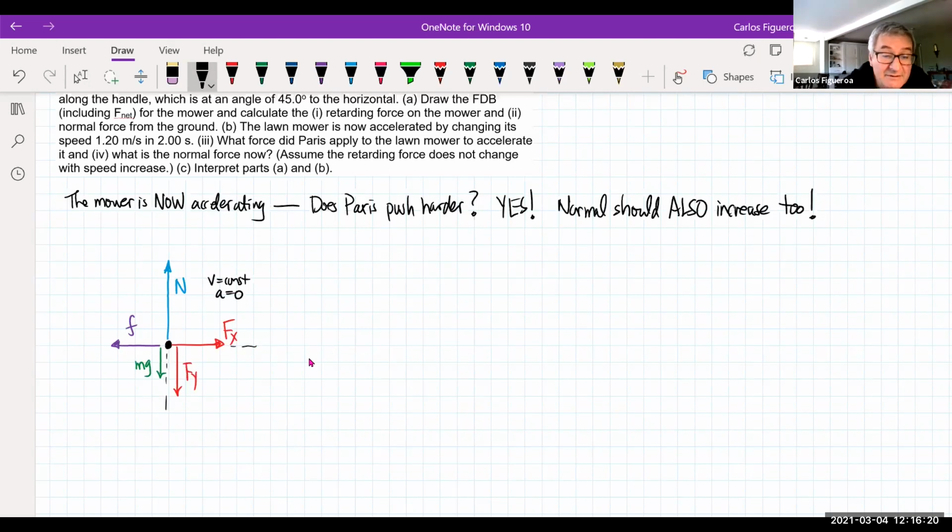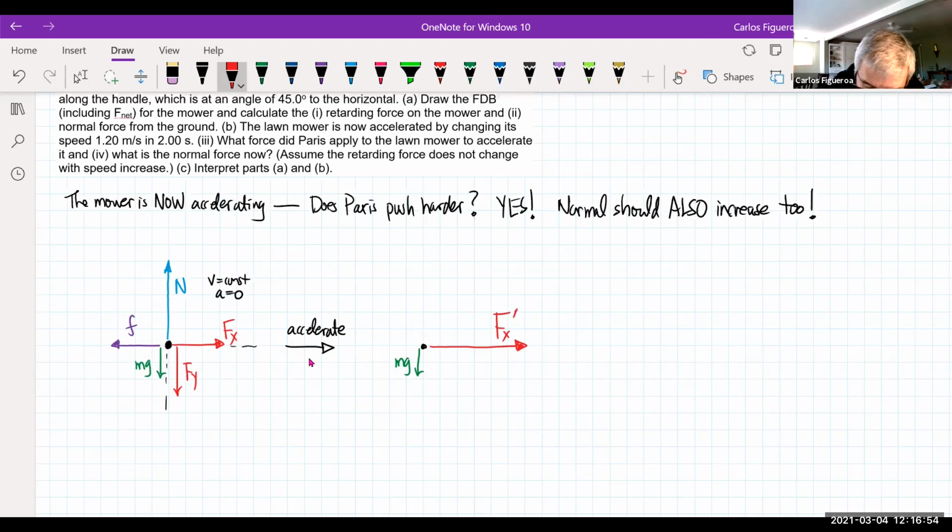But look what happens. Now she's going to accelerate. If you're going to accelerate, what should happen here? Well, for starters, the weight of the mower should not change. But if you're going to accelerate, that means that your force in the x direction has to be bigger now.